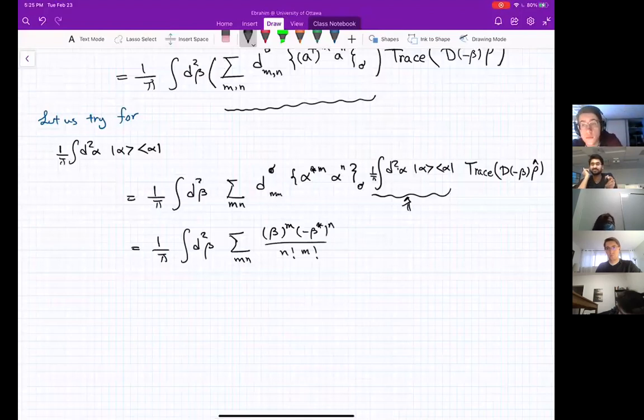Now there is no symmetric way or anti-symmetric way or anti-normal way, because they are not operators anymore. They are just variables.